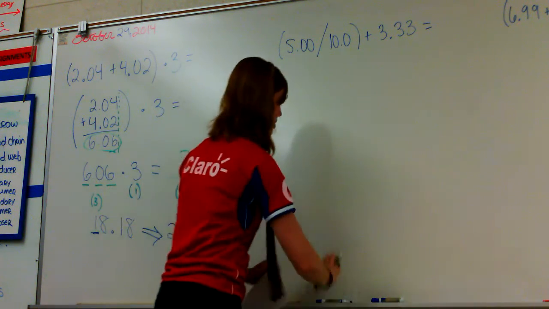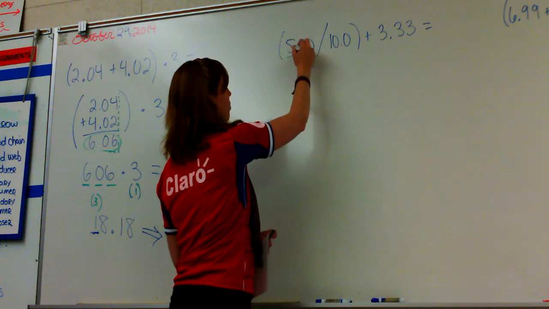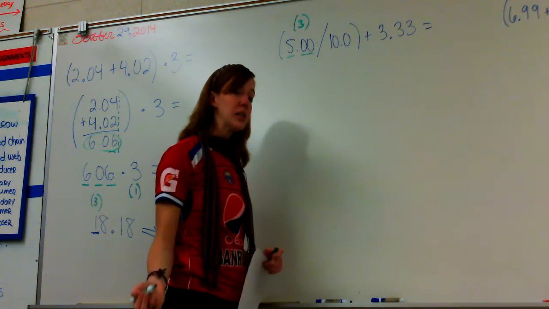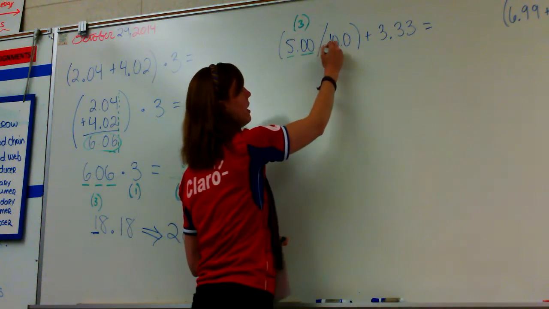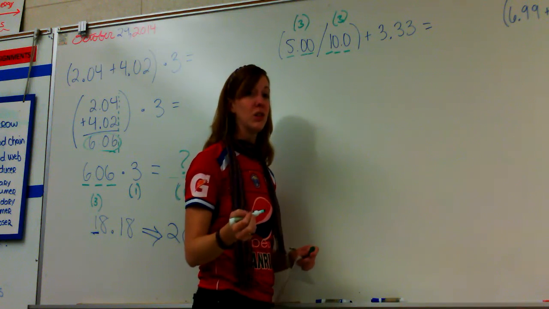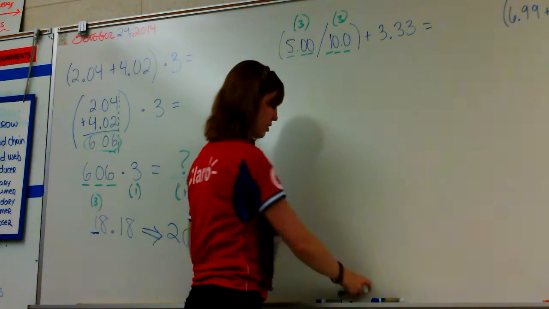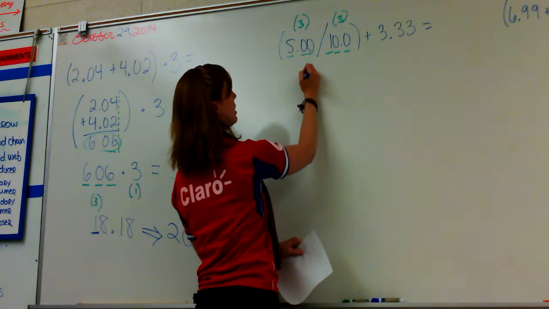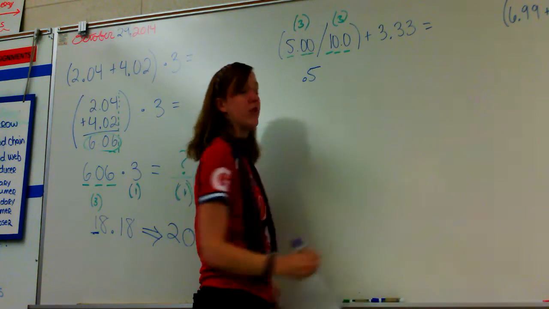Here, I'm going to start with the rules of division, which includes number of significant figures. So let me count. In 5.00, okay, I've got 3 significant digits. In 10.0, oh good, I've still got 3. They're pretty precise. So when I put that in the calculator it's going to tell me 0.5.